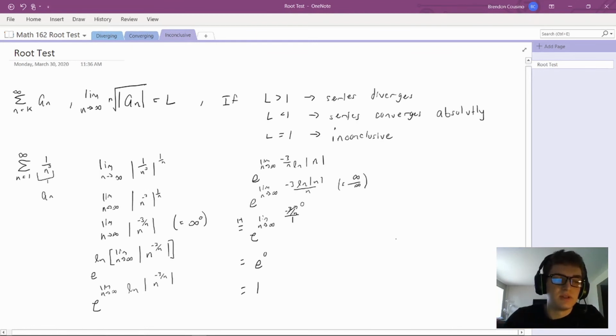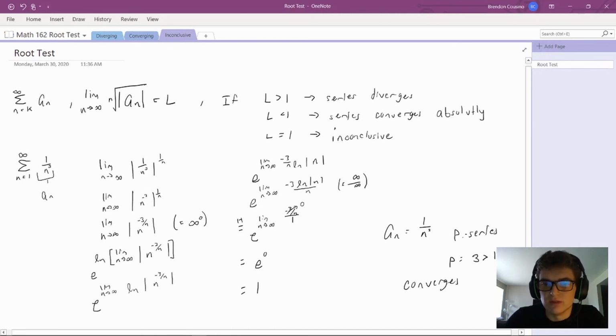For this particular series, a of n is equal to 1 over n cubed. This is a p series with p being equal to 3, which is greater than 1, which tells us that it converges.